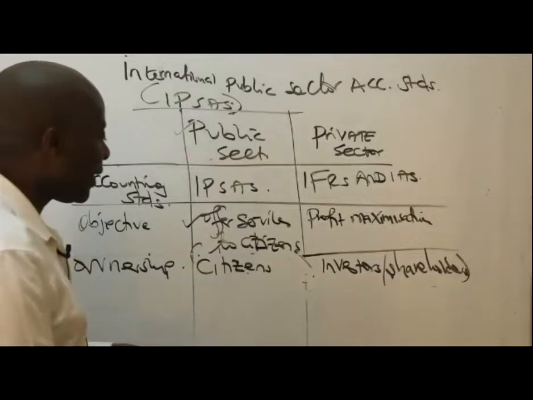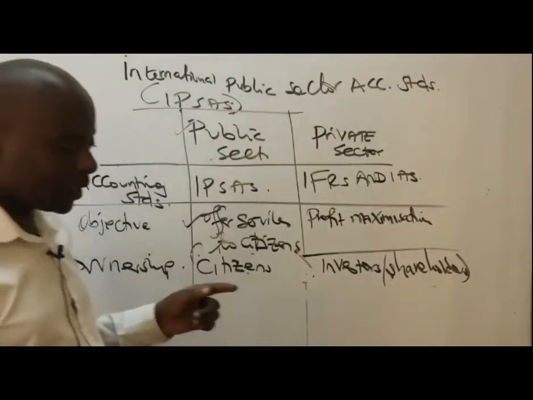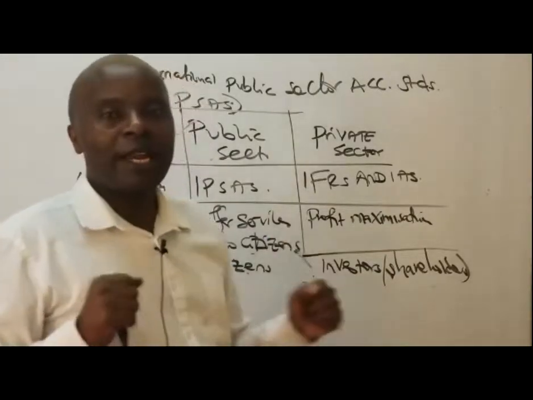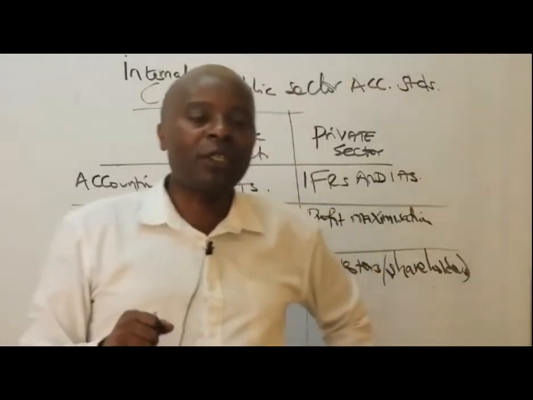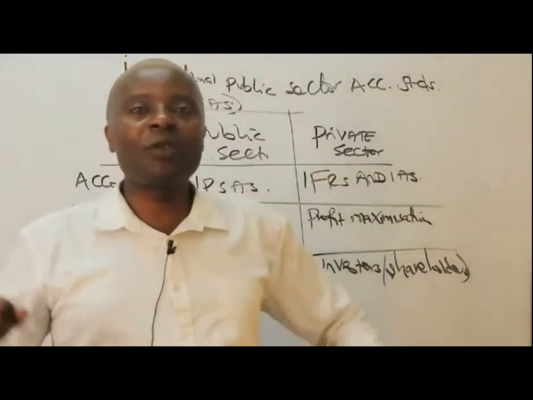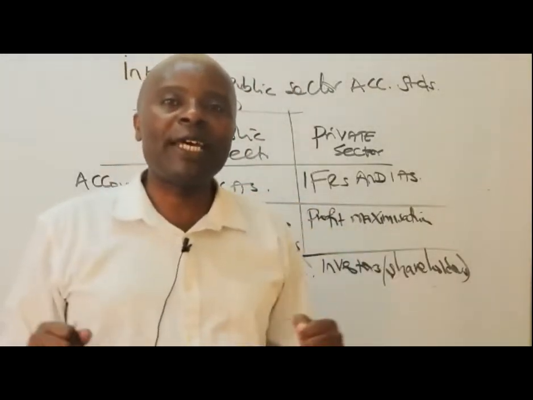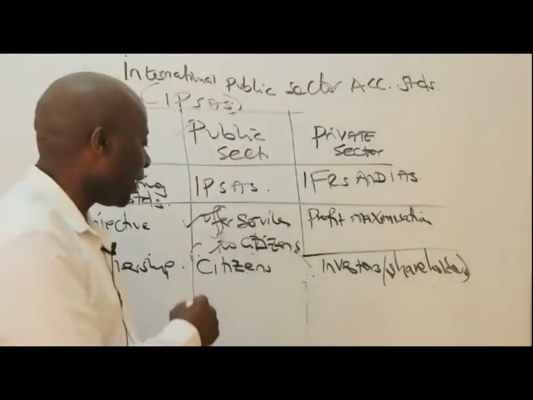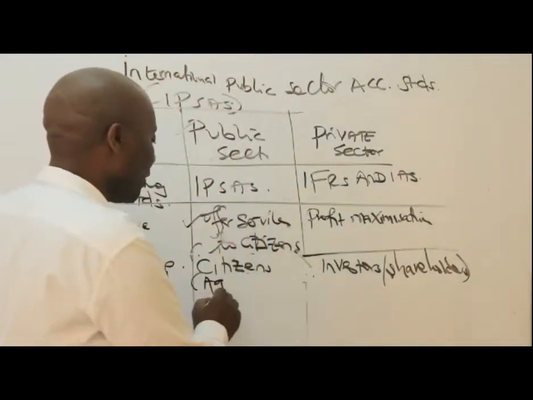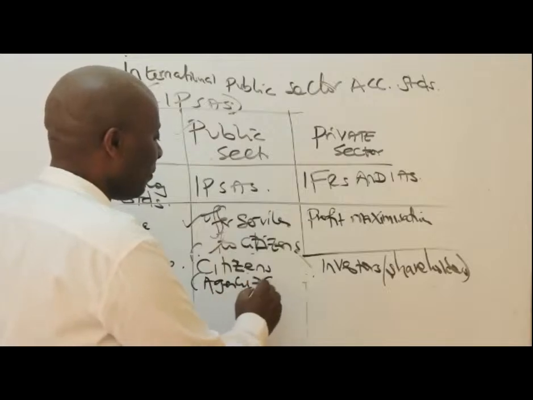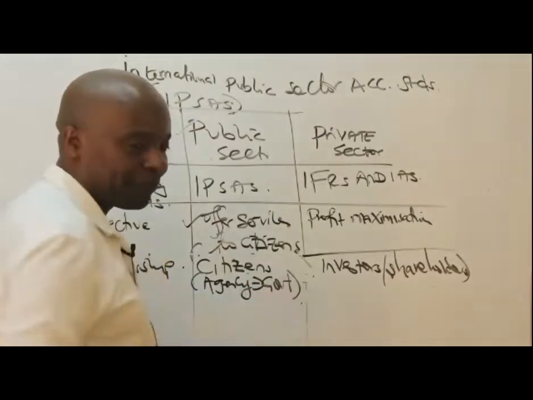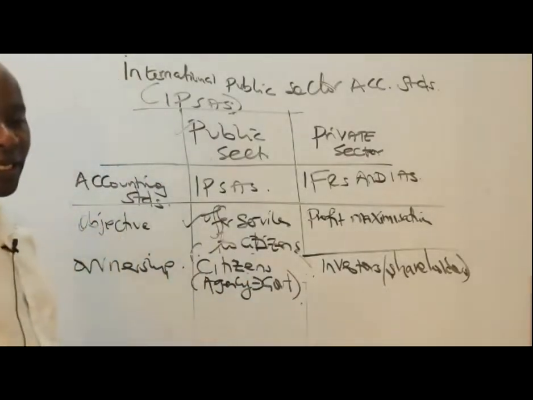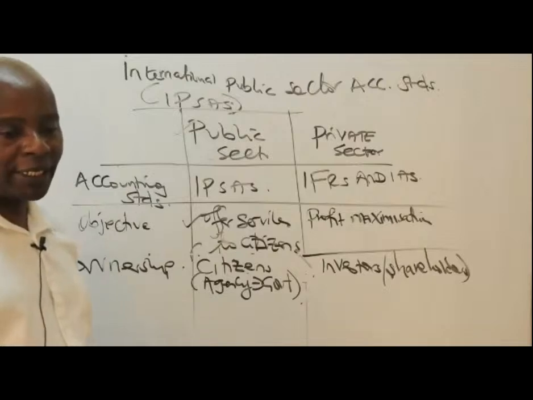Of course, in this case here, as much as we are the owners, we can't run to KRA, for example, a government body, and sit down there saying that, you know what, today I'm making myself a director. No, there is our agency. So in this case here, we have our agency. The agency is the government. These are our agents.